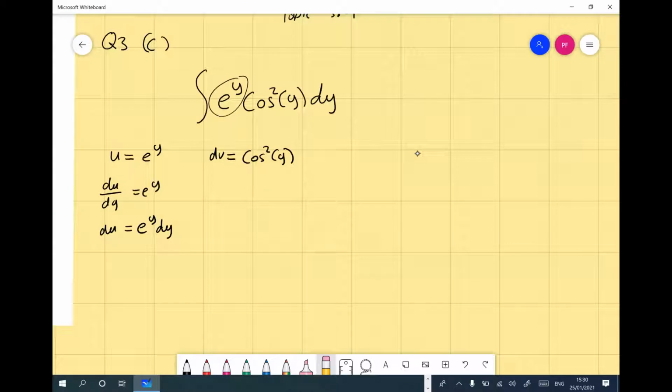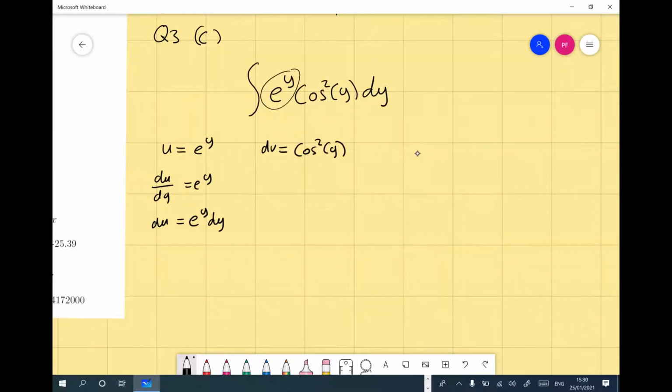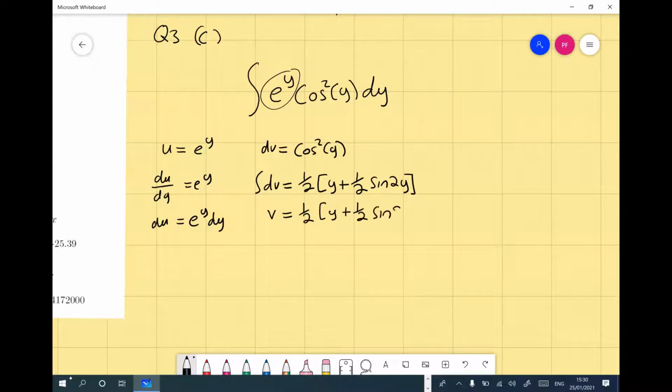But of course we're not using x here, we're using y. So the integral of dv in this case is equal to a half times y plus a half sine of 2y. So my integral of dv is of course v. So v is a half times y plus a half times the sine of 2y.